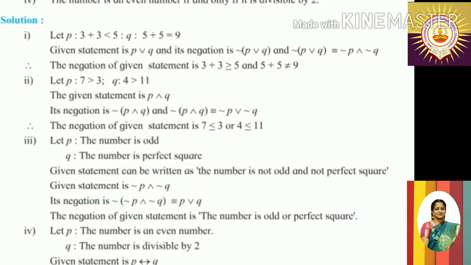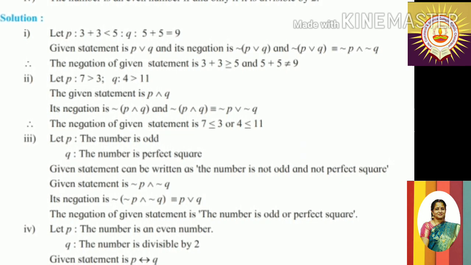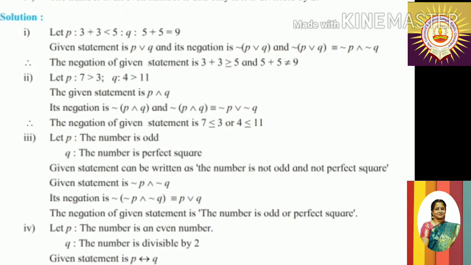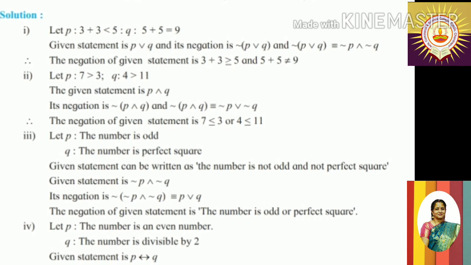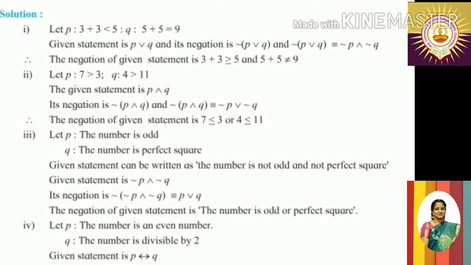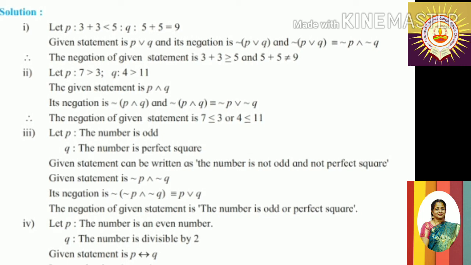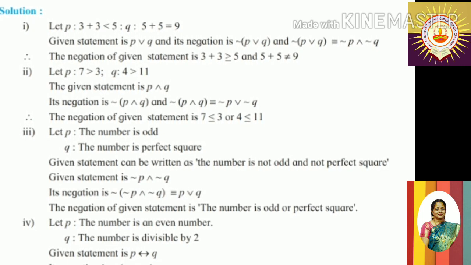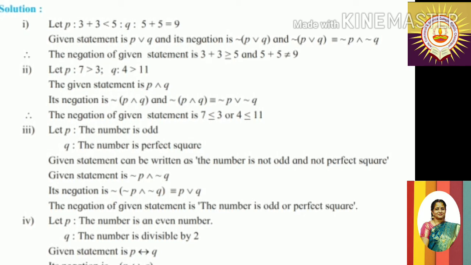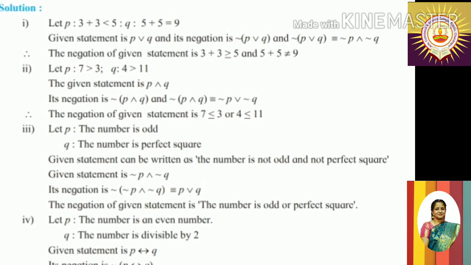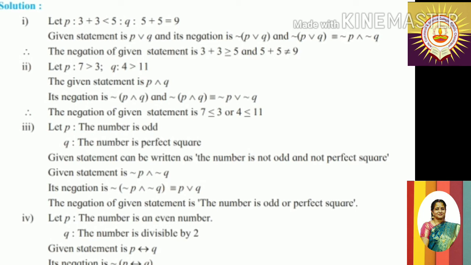Between the two simple statements there is 'and', so the symbolic form is P and Q. Again use De Morgan's law. The negation of P and Q is equivalent to negation P or negation Q. Therefore, the negation of the given statement is 7 less than or equal to 3 or 4 less than or equal to 11.